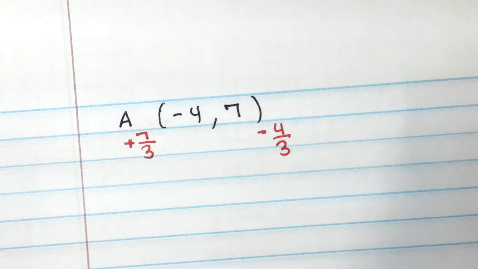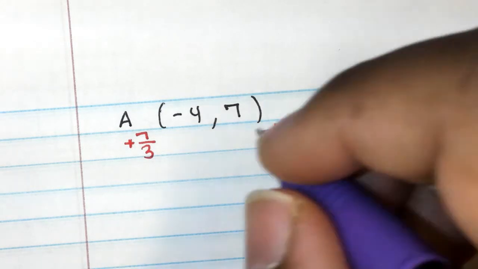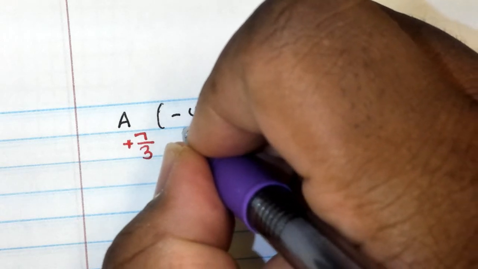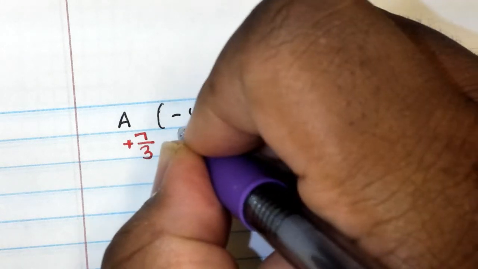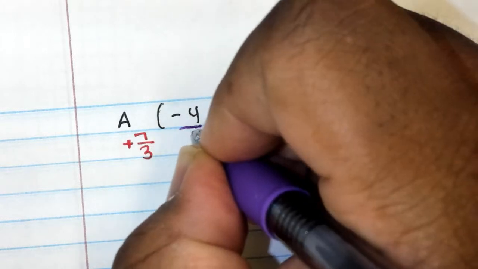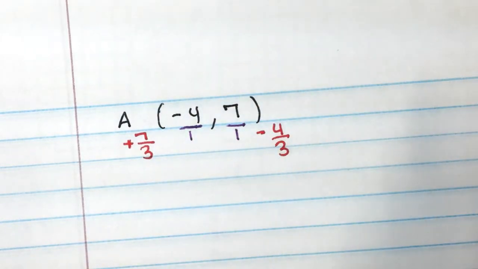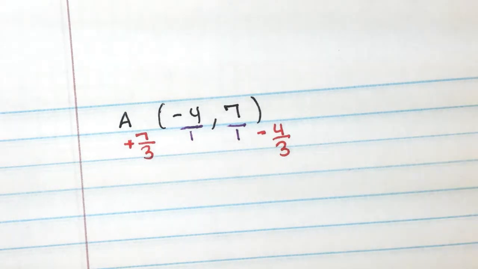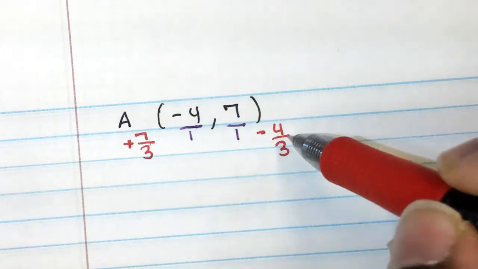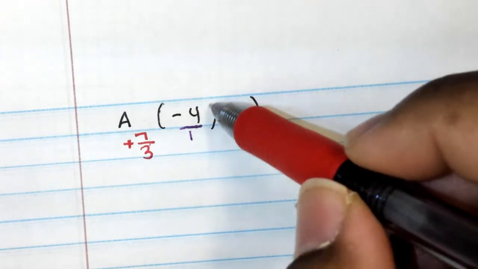To make a whole number a fraction, I need to put a 1 under it. The denominator on both is the same. To be able to add, we're going to have to times both of these by 3.